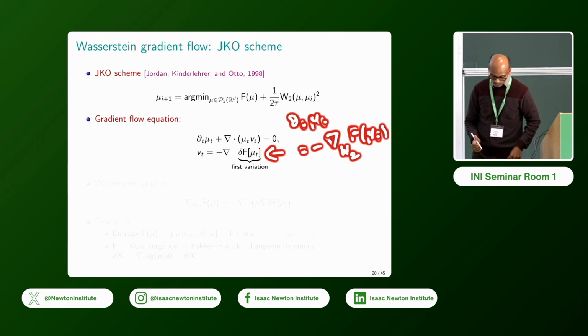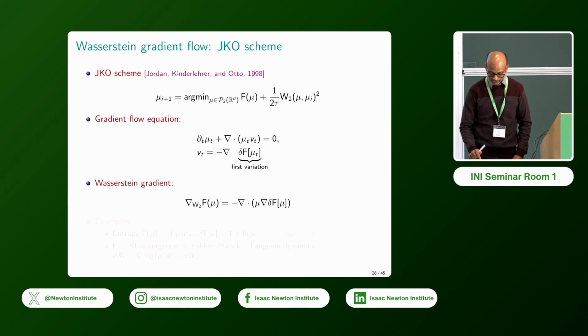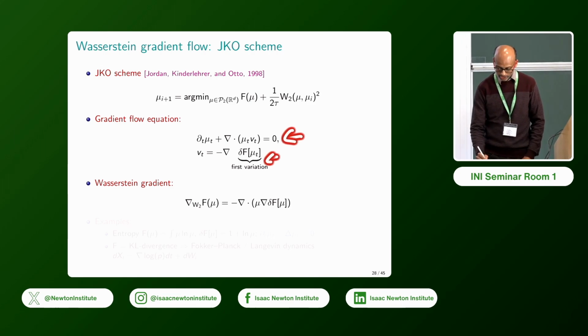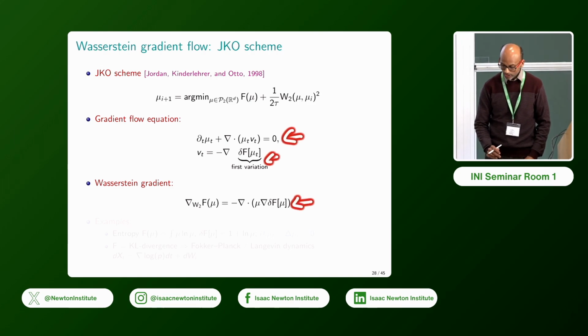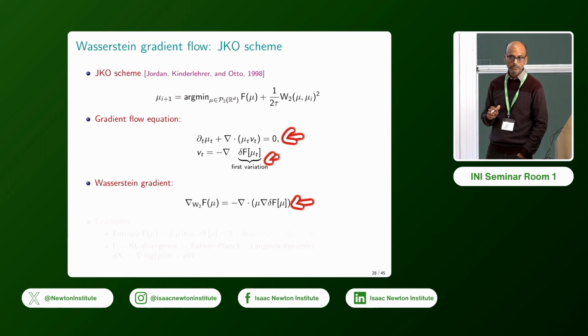Okay, so you can clearly see from this continuity equation expression, because vt takes this form, that the gradient of your functional with respect to the Wasserstein is precisely the negative divergence of μ times the gradient of the first variation.